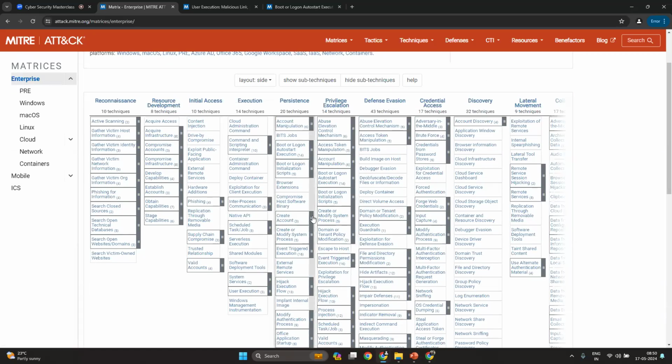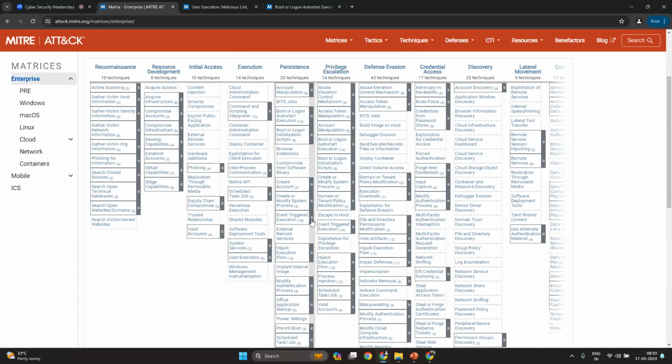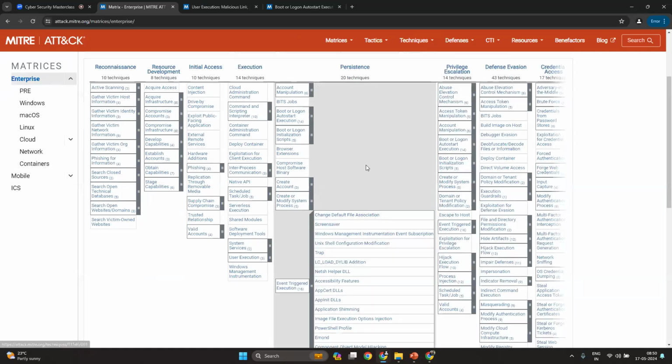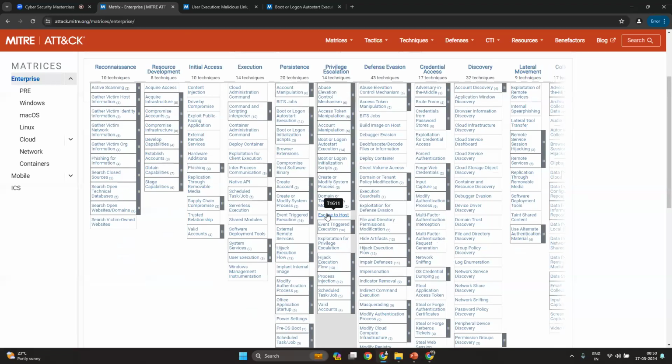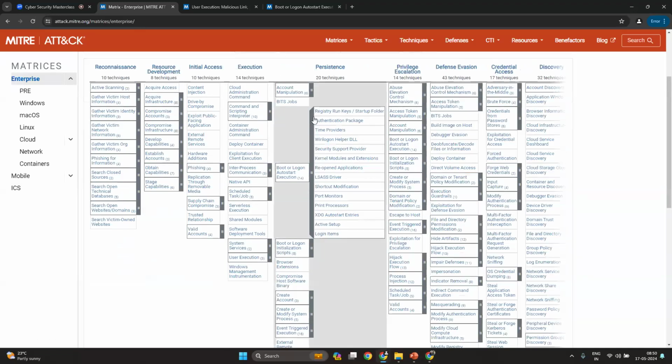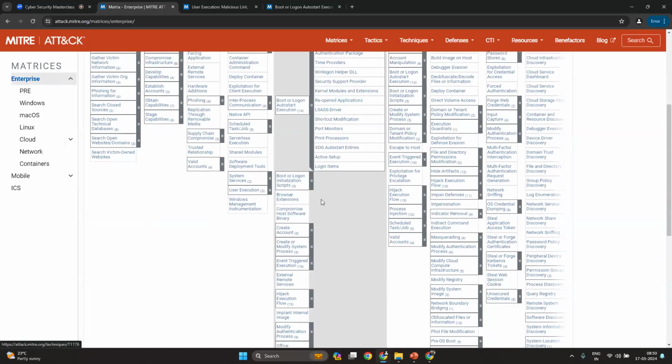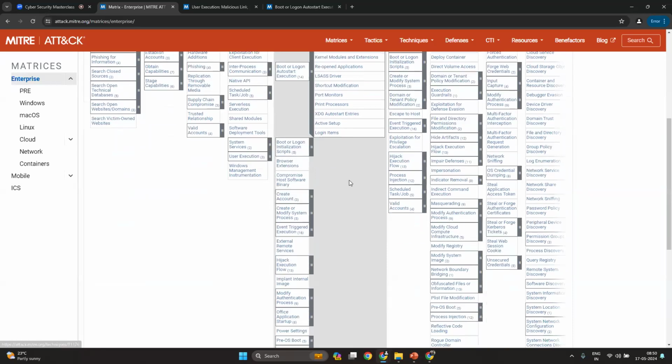Read through certain persistence mechanisms. Common ones would be, understand the registry path. That is a good pointer you can point out at an interview. Browser extension is something you can utilize. Then creating an account.